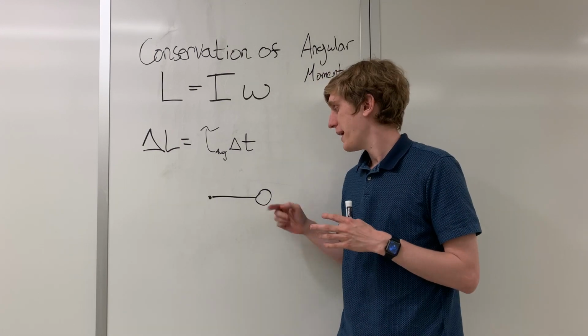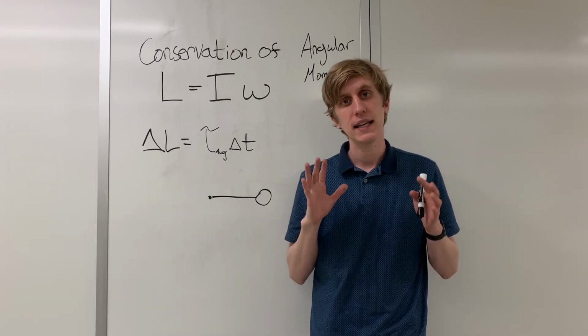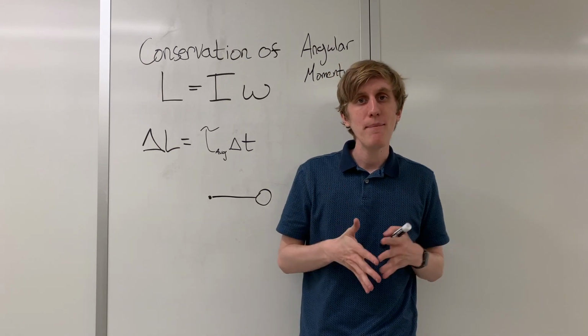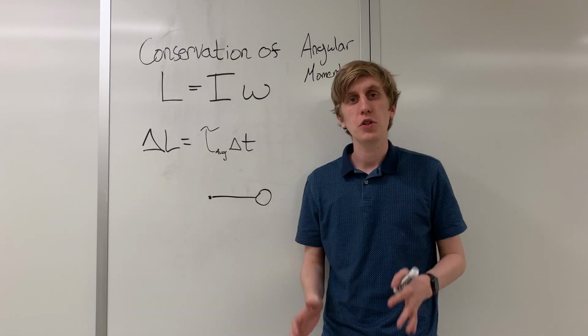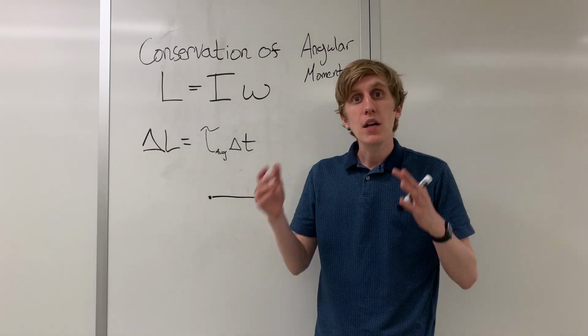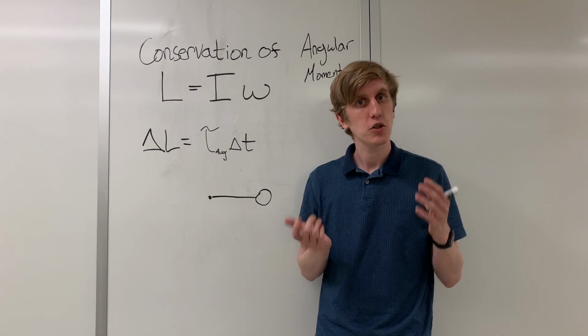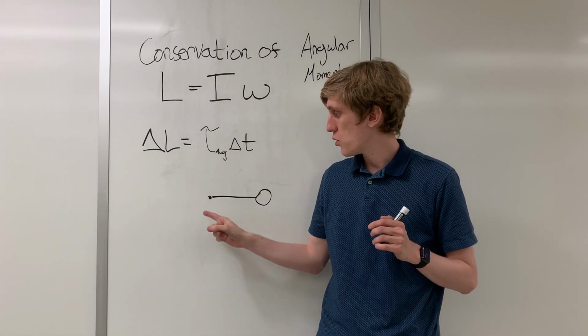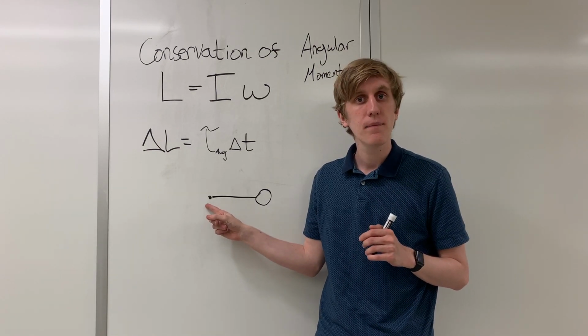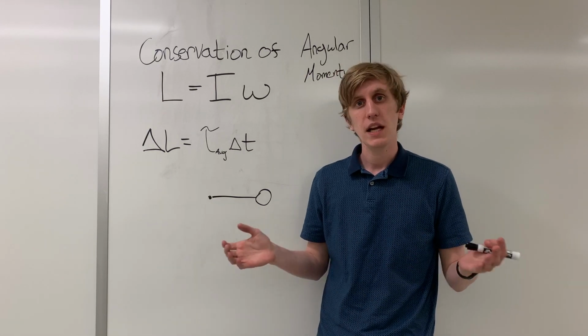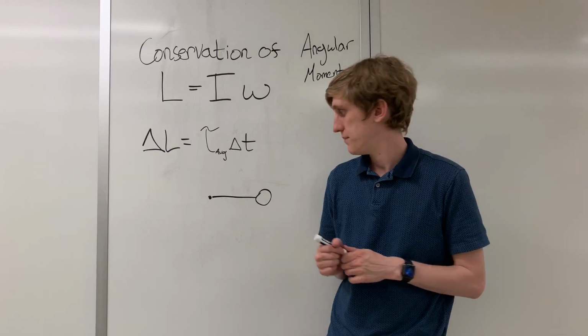In other words, we can pretend that all its mass is in a single spot. The moment of inertia of a point mass is just equal to its mass times its distance away from the center of rotation squared. The center of rotation is here. So the distance is just the length of the string, and the mass is just whatever the mass is.